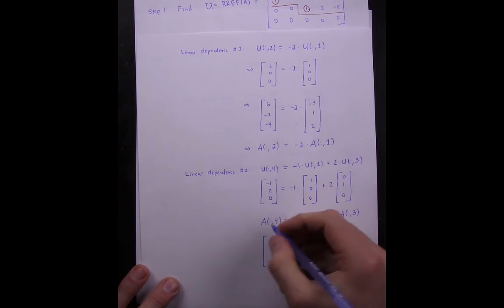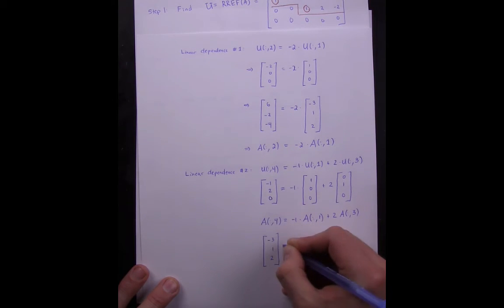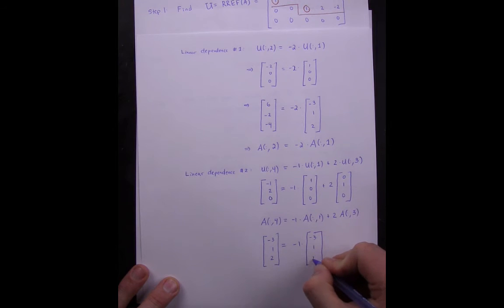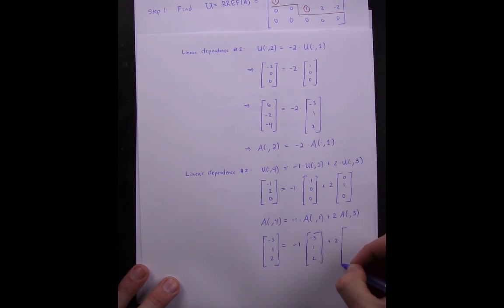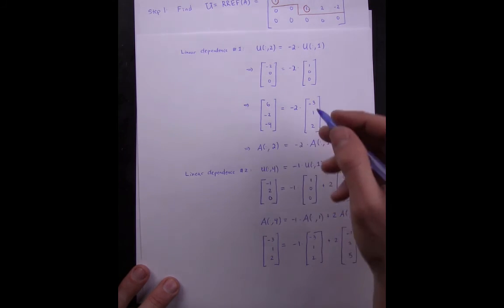Let's go ahead and check this. We have -3, 1, 2, and then I add that to 2 times the third column, which would be -1, 2, 5. And indeed, of course I made a mistake here.